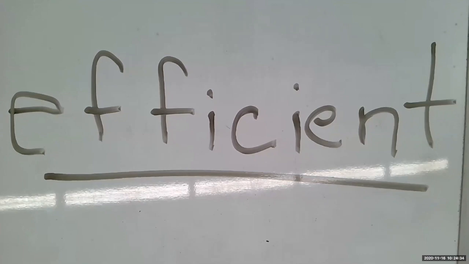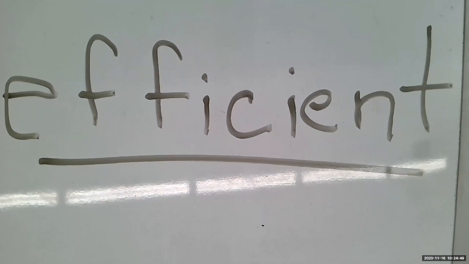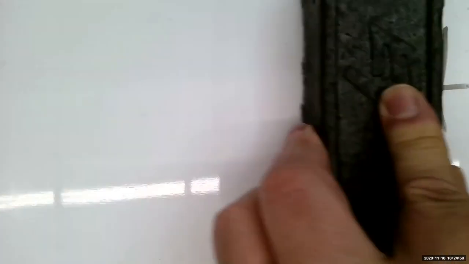Efficient means that for the time that is allowed, no time was wasted, no work or energy was wasted. When you are efficient at doing your homework, you get it done quickly and accurately. Efficient. Pay attention when this word comes to us in the story.